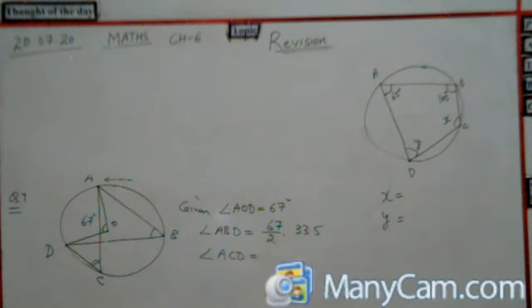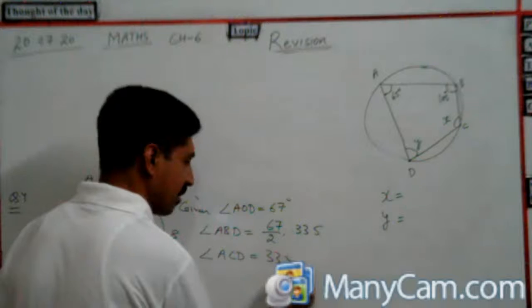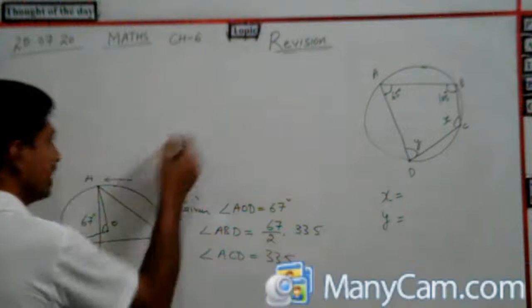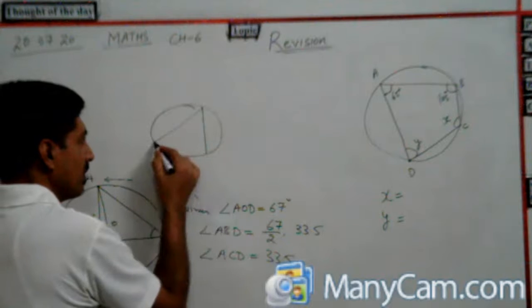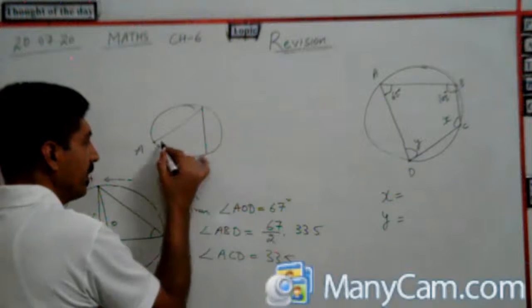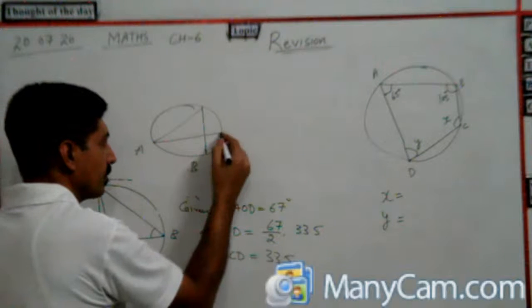My question is, what is angle ACD? Yes, Puneet said well that both angles are of the same measure. What is the logic? The angles on the same segment from the same point A, B, angles on the same segment are always equal.